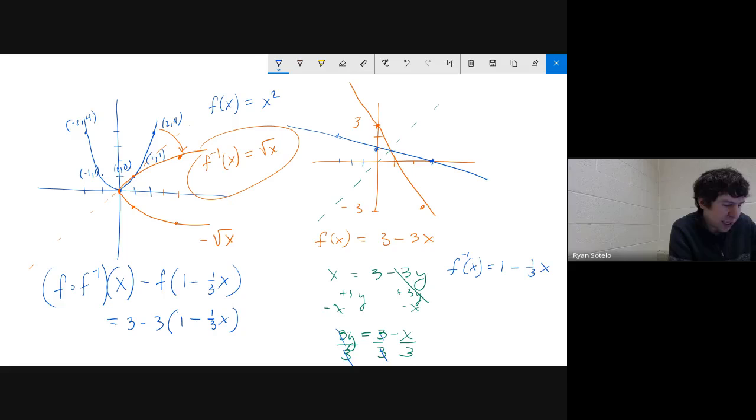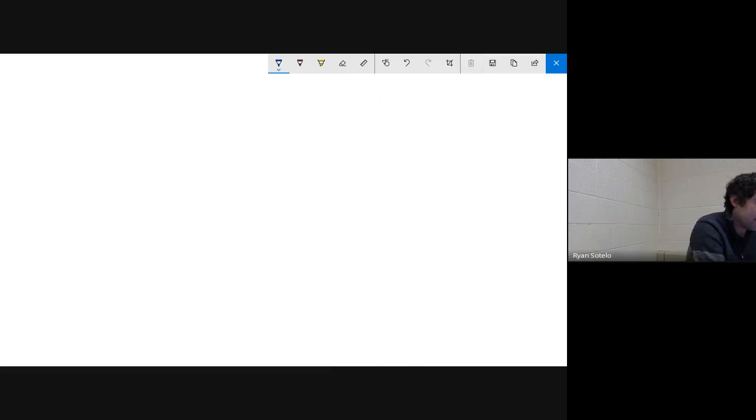So if I figure all this out, hopefully I get x. So 3 minus 3, that makes 0, plus x, yeah, I just get x back. So these are inverse functions. That's how you check them. You do a composition.